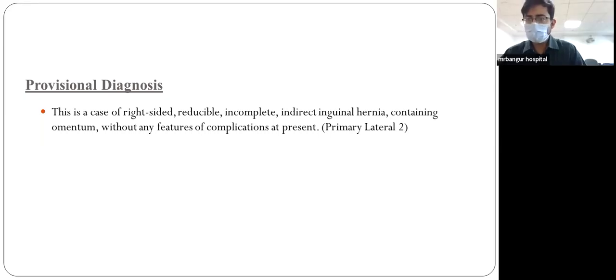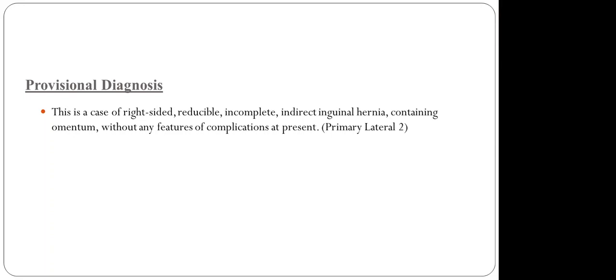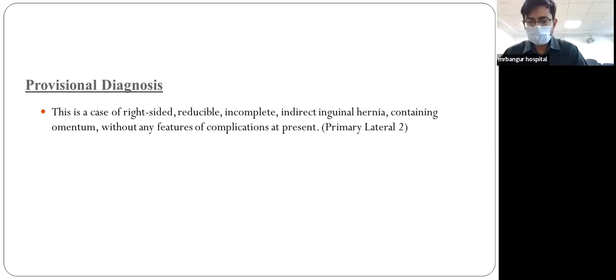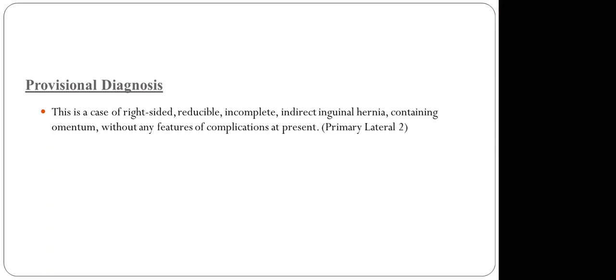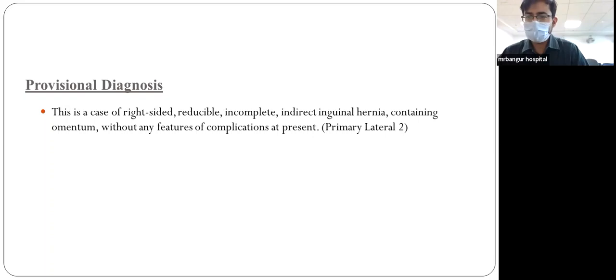Sir, we will check for the viability of the bowel, and if it is viable, then we can reduce it. What are the signs of viability? What will be the color? Sir, in case of strangulation, it will be dark, blackish, like dead tissue.